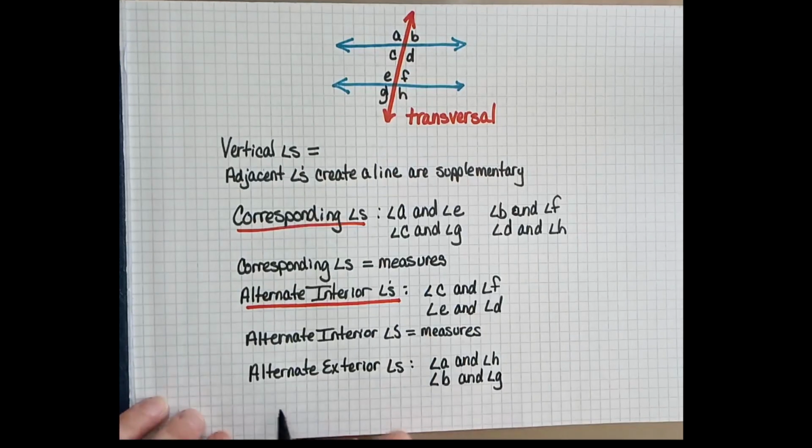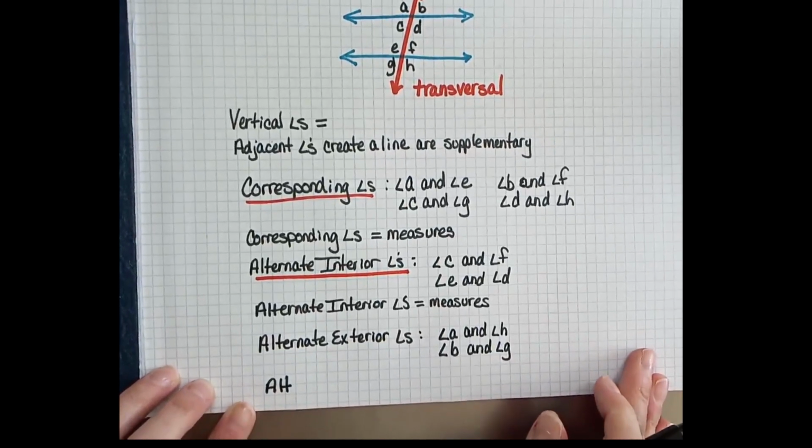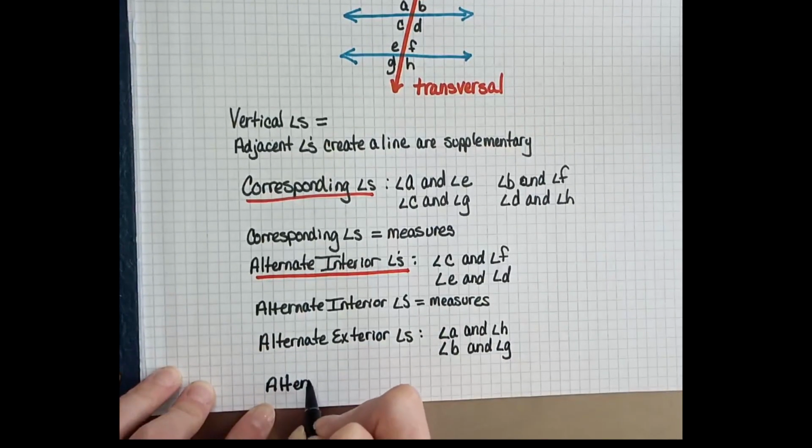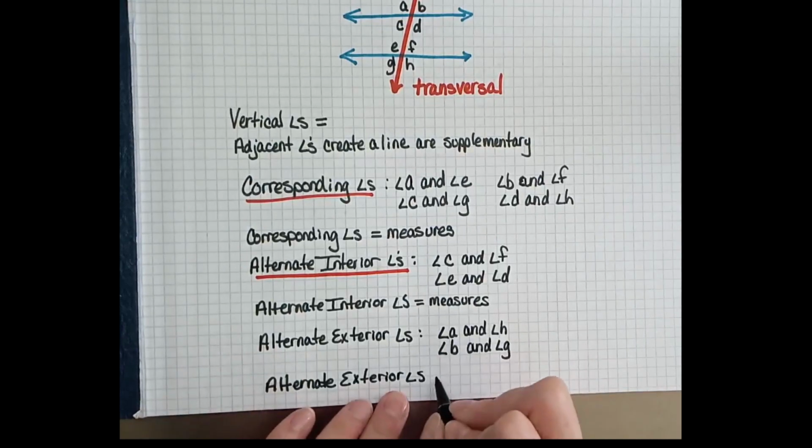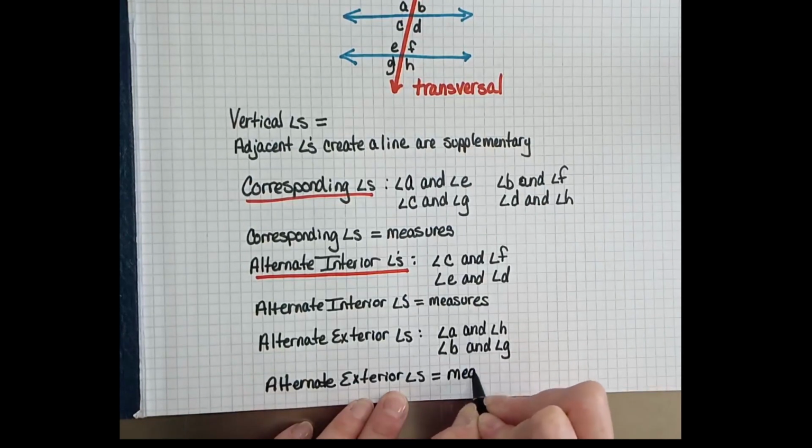And once again, alternate exterior angles are congruent. So we're going to write that down here really quickly, and then we're going to do a problem with this. So they have equal measures.